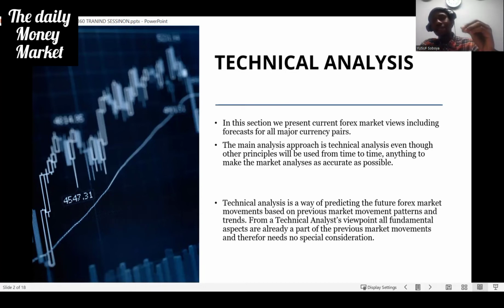So what it means is that although we focus mostly on technical analysis, it doesn't mean we should abandon other trading strategies or styles, because when we combine all of those together, it brings the proper strategy to trade.